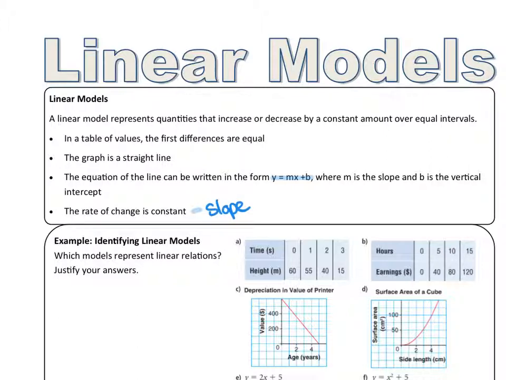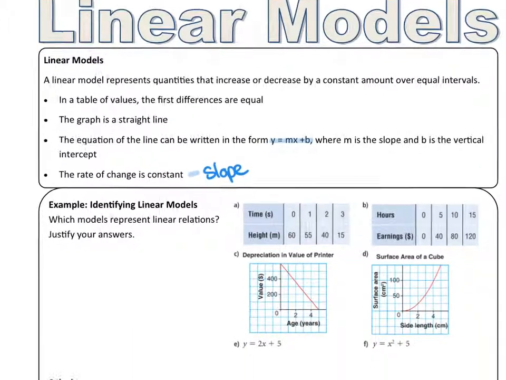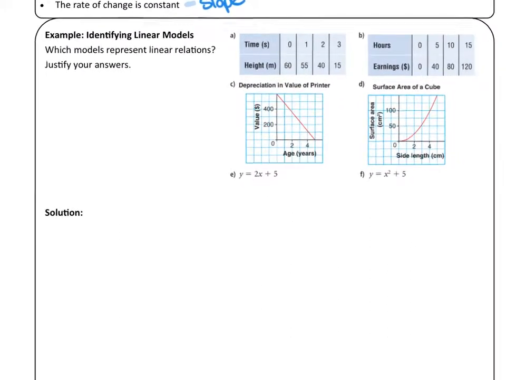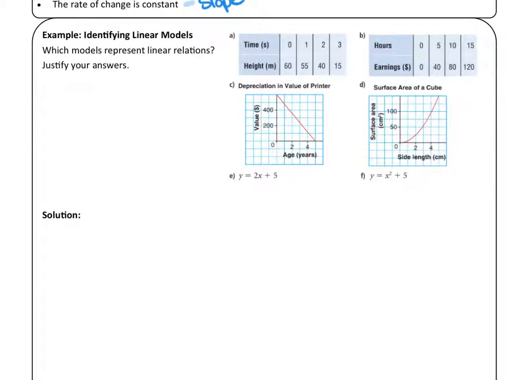Let's look at the example and we'll go over a couple different ways that you can check to see if it is a linear model. So, which models represent linear relations? And we're going to justify our answer. So I'm going to go through each one and we'll look at why it's not a linear model.